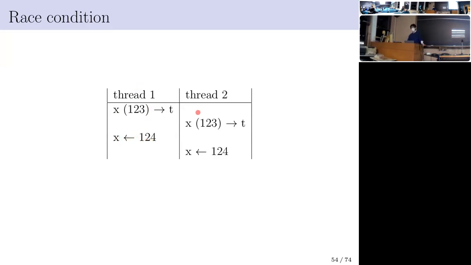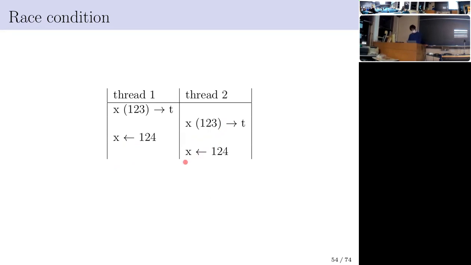Let's consider another thread that reads the same variable x right after thread 1 reads x, but before thread 1 writes the updated value to x. Then this guy gets the same 123, and sometime later it is going to write 124 too.